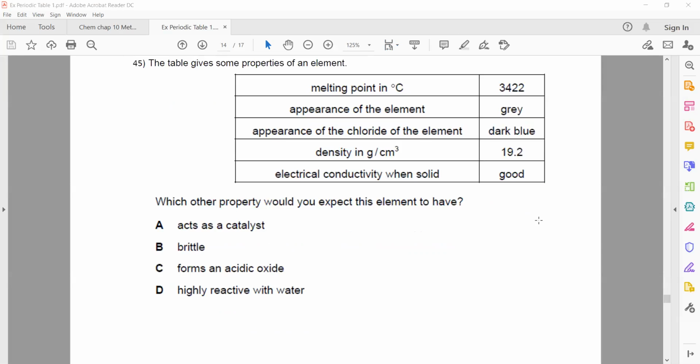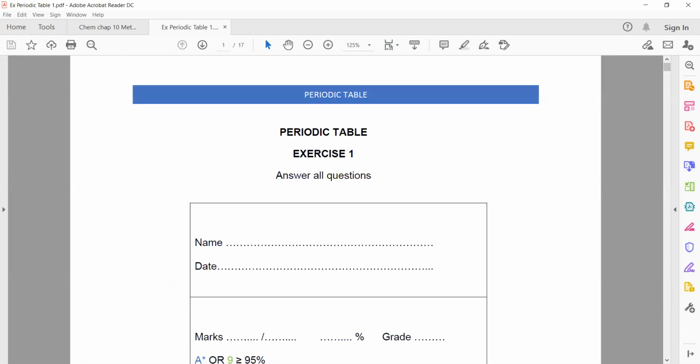Any other doubt in this exercise, periodic table exercise 1? Any other doubt, question related to this?